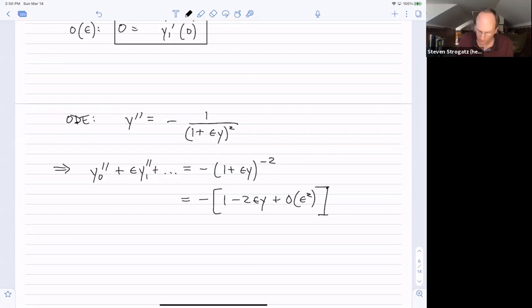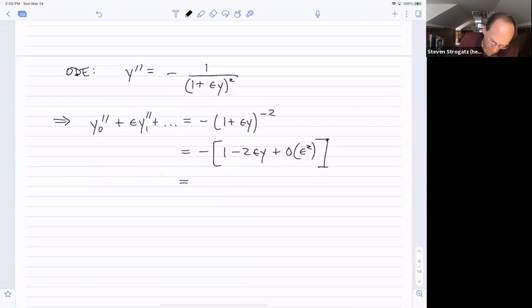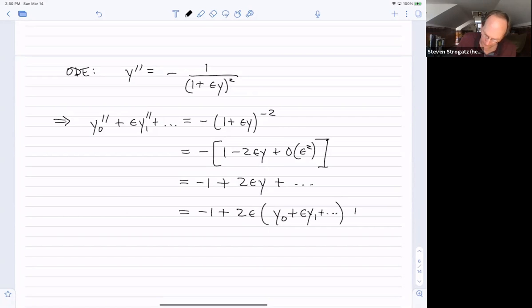So this would be cleaned up to just minus 1 plus 2 epsilon y plus ... And now we substitute for the y. So 2 epsilon times y0 plus epsilon y1 plus ... And everything of order epsilon squared goes in a garbage pail that we're not filling up.